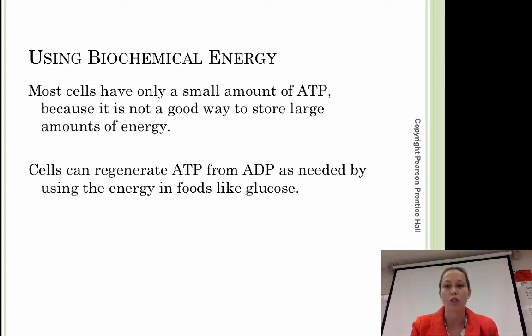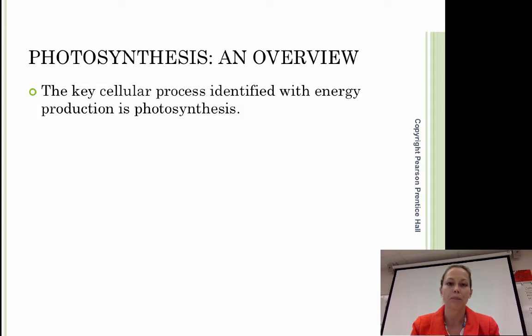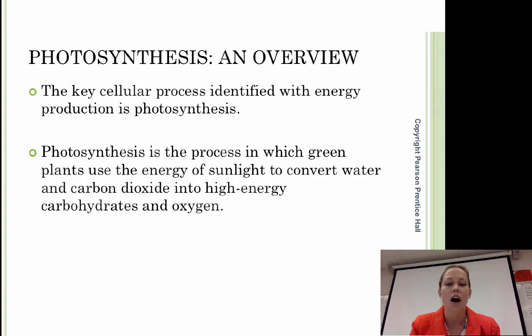So let's talk photosynthesis, because we're going to find that ATP is involved in photosynthesis, and we're also going to see that it's involved in respiration. But let's talk photosynthesis first. The key cellular process identified with energy production is photosynthesis.